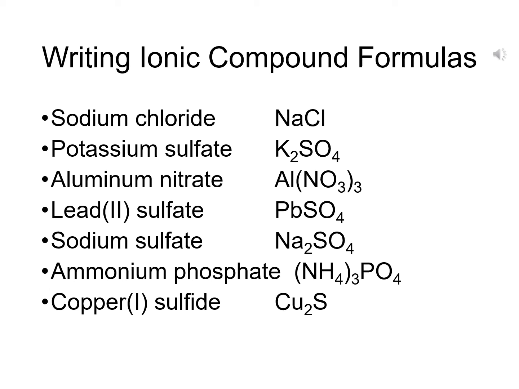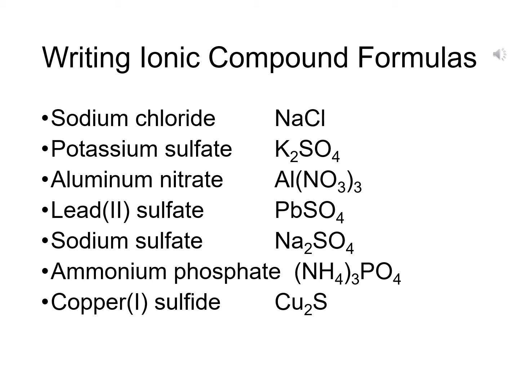Next, we have ammonium phosphate. The ammonium ion has a formula of NH4 with a +1 charge. The phosphate ion has a -3 charge. How do we know the charges on either of these? From memorizing them from the polyatomic ion sheet.